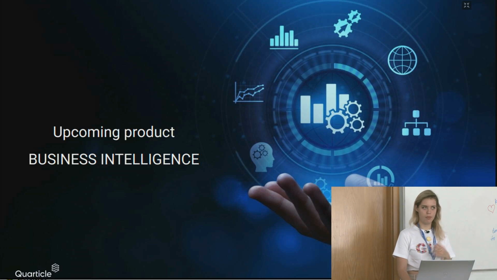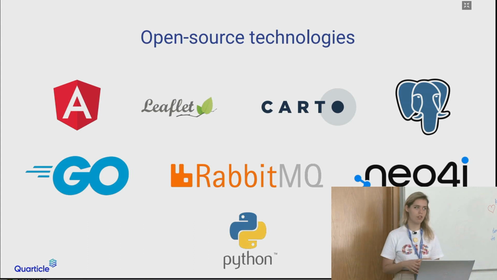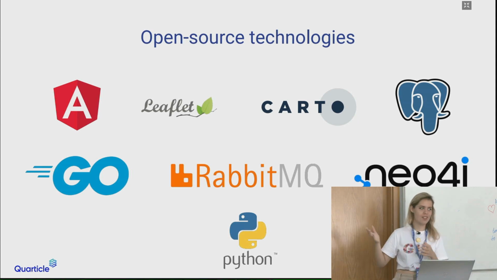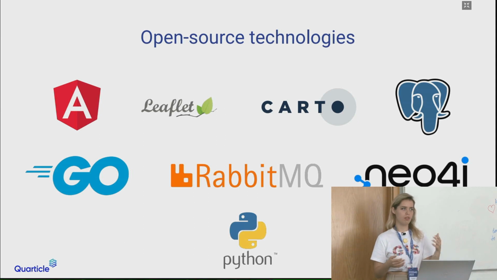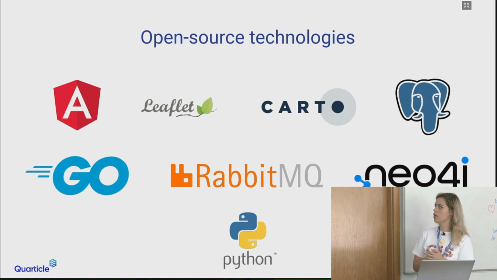And for building the whole engine, we used only open source technologies or variants of open source technologies, because Neo4j is not really open source, but it has the option for, we used it with Docker, and we used the open source variant of it.